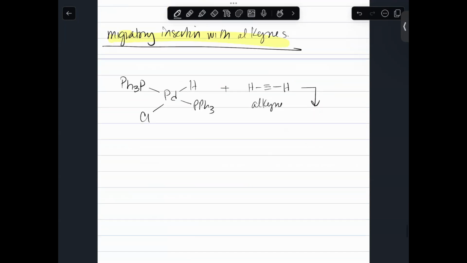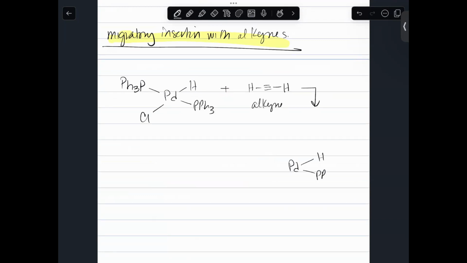Just like before, my alkyne complexes to my palladium. Now, despite the fact that there's a triple bond, the alkyne is only donating 2 electrons. So we're okay.